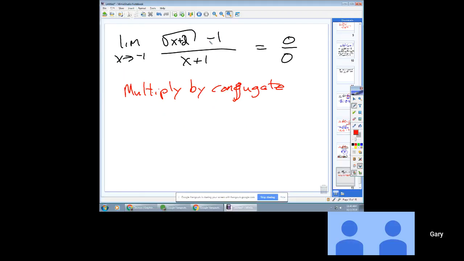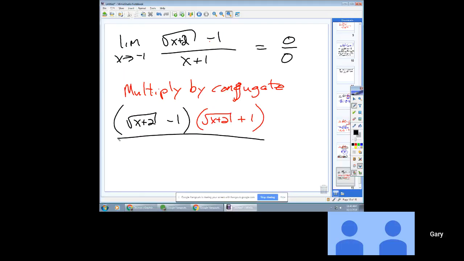So I'm going to ignore the limit for a minute. I'm going to take the original square root of x plus 2 minus 1, and multiply it by its conjugate, the square root of x plus 2 plus 1. Notice I put a little hook on the end of my square root, because when I get excited, I'm sloppy, and I need to clearly know where the square root ends, what's inside and what's outside.